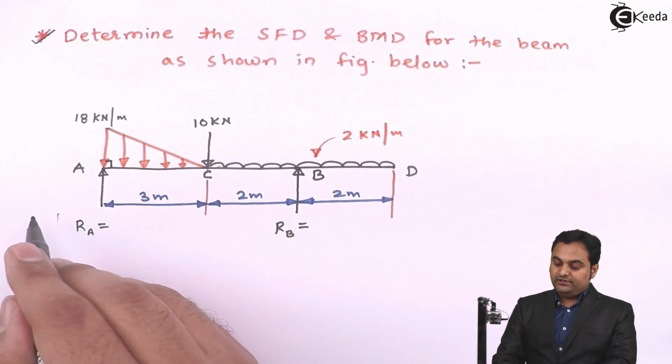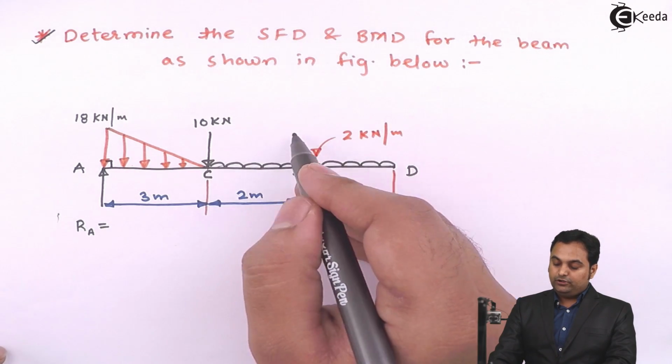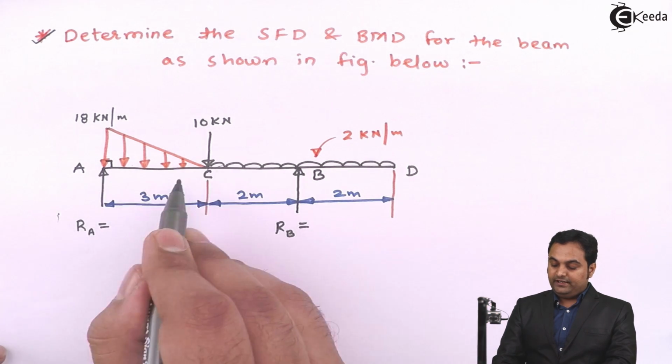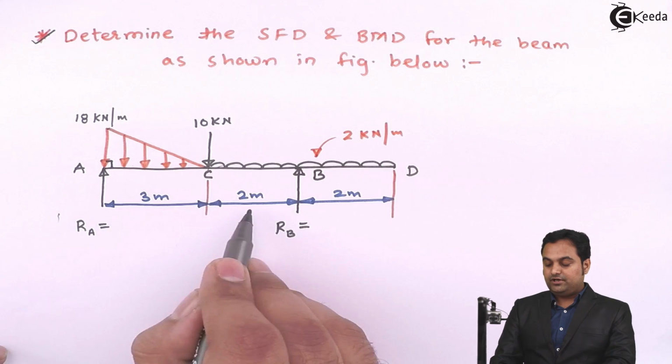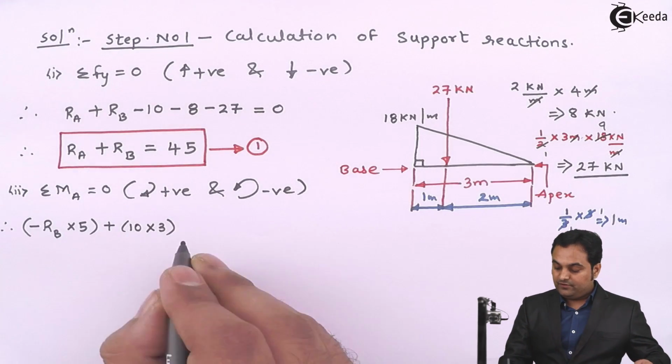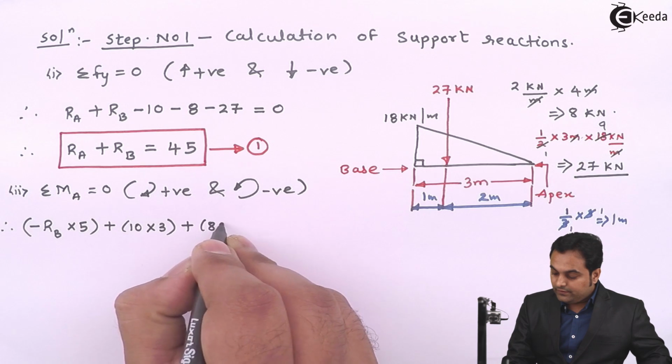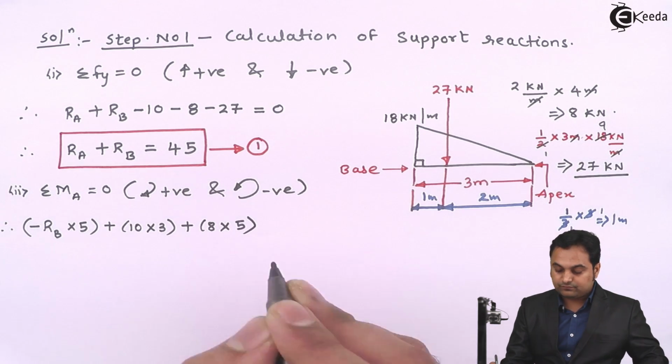So when I take the moment, the distance between the point load of the UDL and point A, here it is 3 and the point load will be acting at 2 meters, so 3 plus 2, that is 5. So it comes out to be plus 8 into 5.